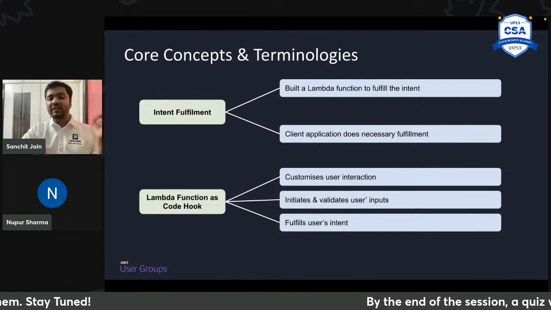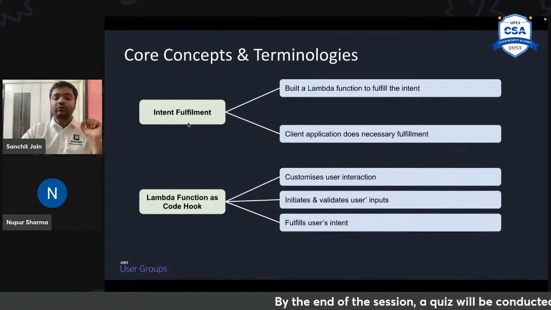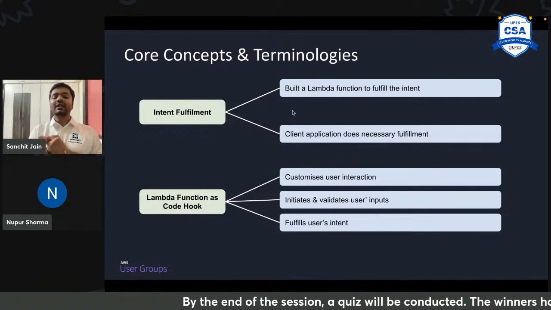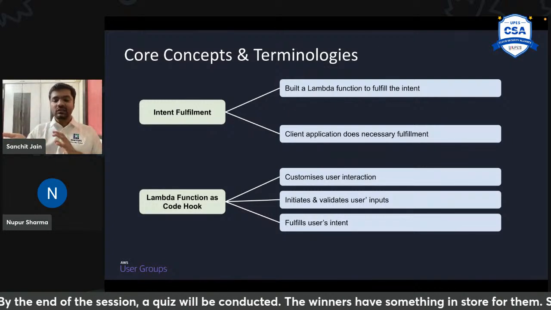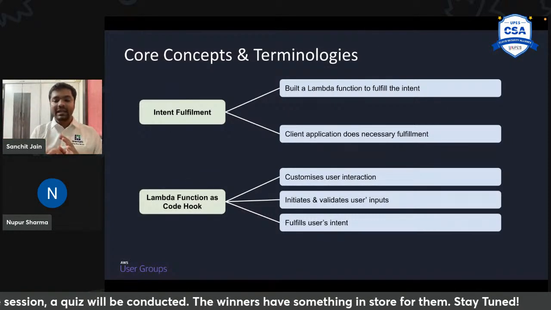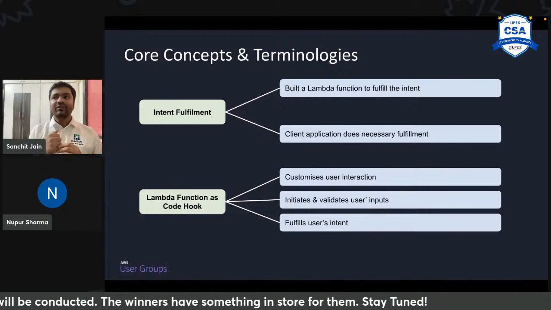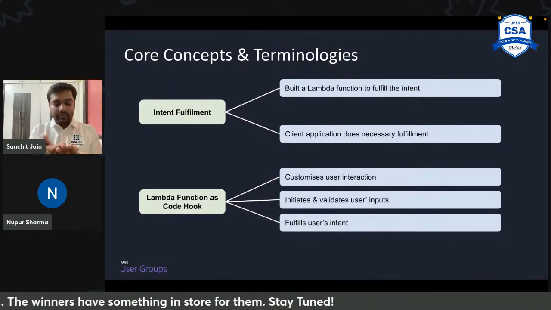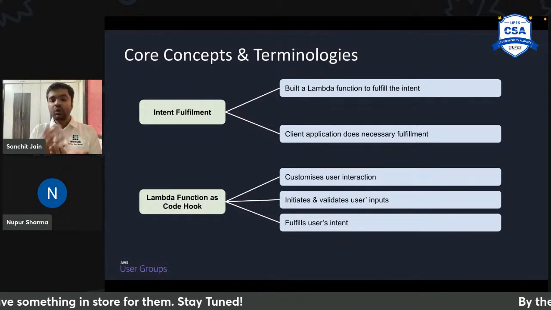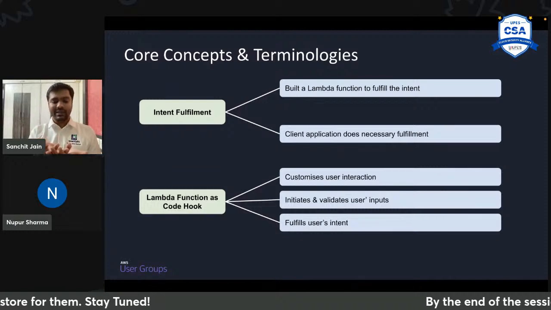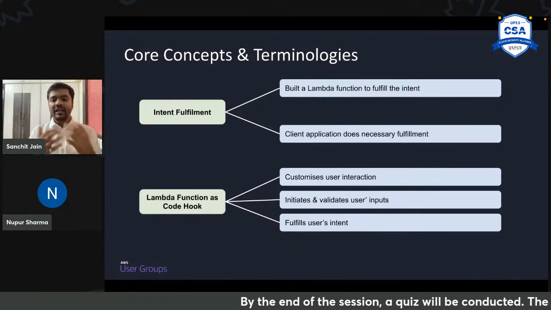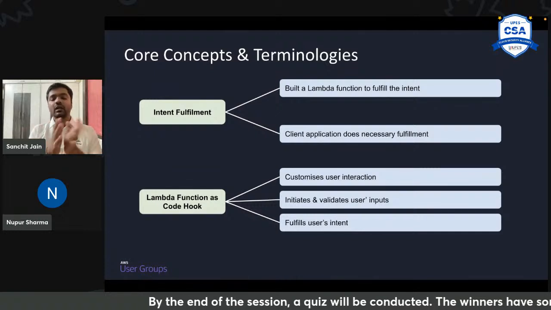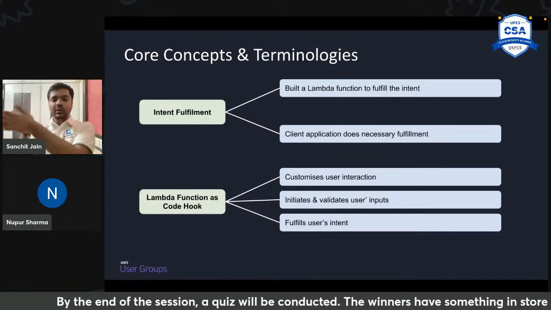And as I mentioned in the previous slide, intent fulfillment is more about how exactly you can fulfill the request. You need to build a Lambda to interact with any AWS services, or you need a custom client application to fulfill it, right? For a very simple example, you upload an image and you want a machine learning algorithm to process that image and tell you what that image is. Now, the chatbot cannot do it. The chatbot is a chat platform. It does not have the processing capability. There, it will take that image and give it to Lambda.